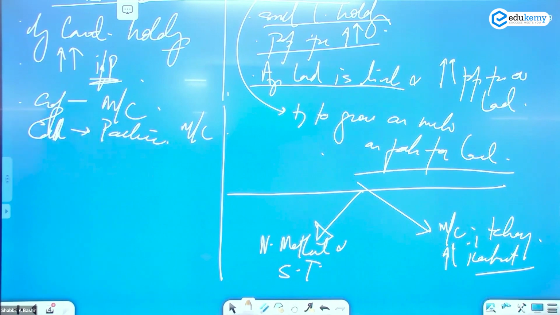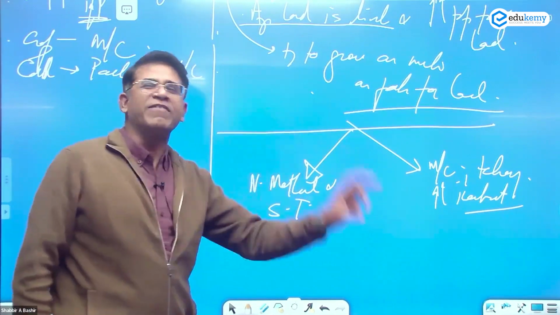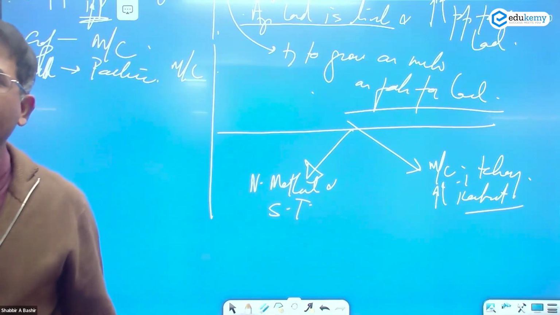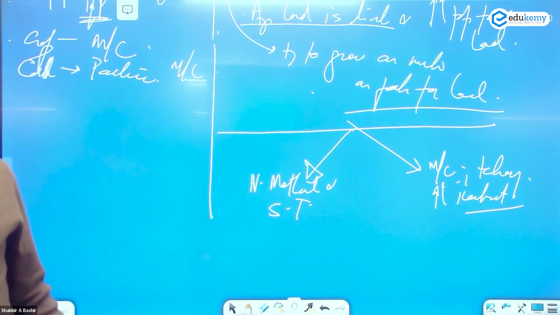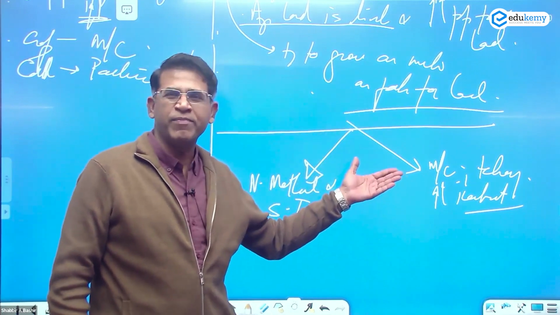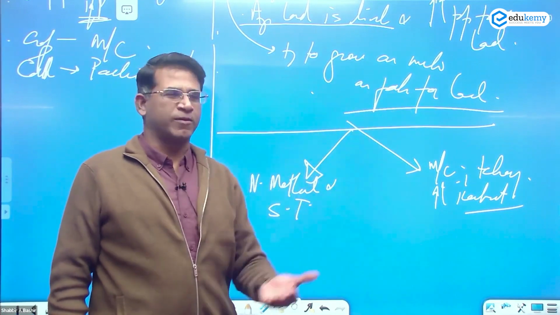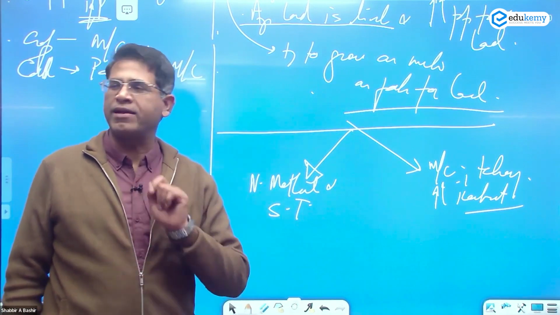ठीक है? Now, by nature, अगर objective है to grow as much as possible from the land, you are bound to use the land more intensively. You'll want more output per land.